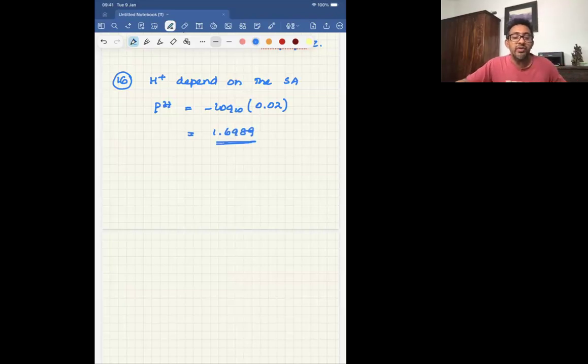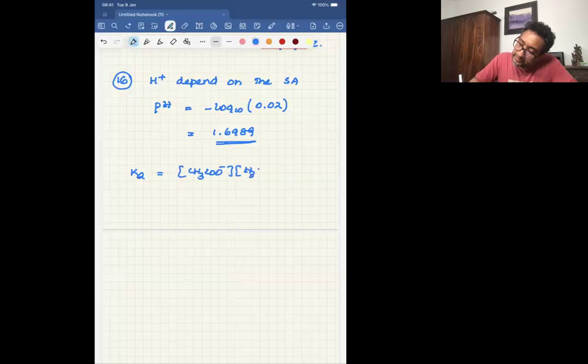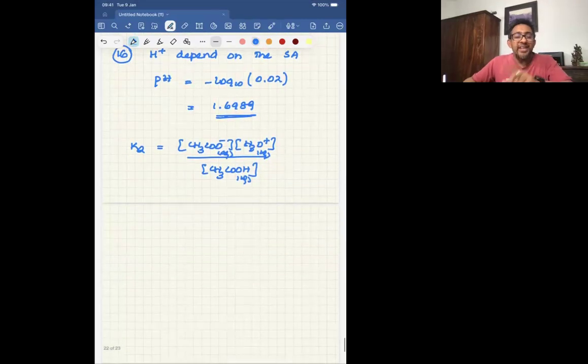Calculate the dissociated amount of acetic acid. So Ka is given by CH3COO minus times H3O plus divided by CH3COOH, aqueous.